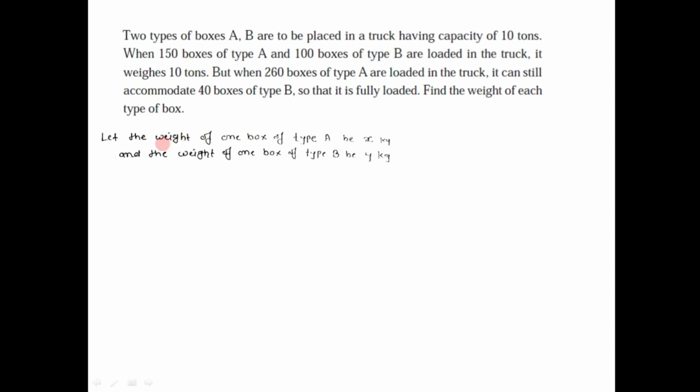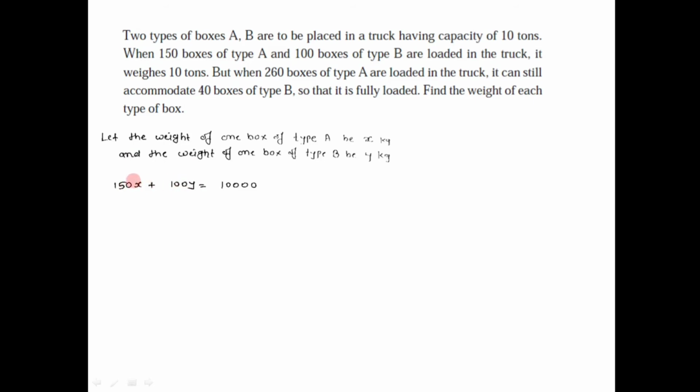Now the first condition is given that when 150 boxes of type A and 100 boxes of type B are loaded in the truck, it weighs 10 tons. So if the weight of one box of type A is x, we have to multiply x by 150 to find the weight of 150 boxes of type A. That will be 150x plus the weight of one box of type B is y, and we multiply by 100 to get the weight of 100 boxes of type B, that is 100y.